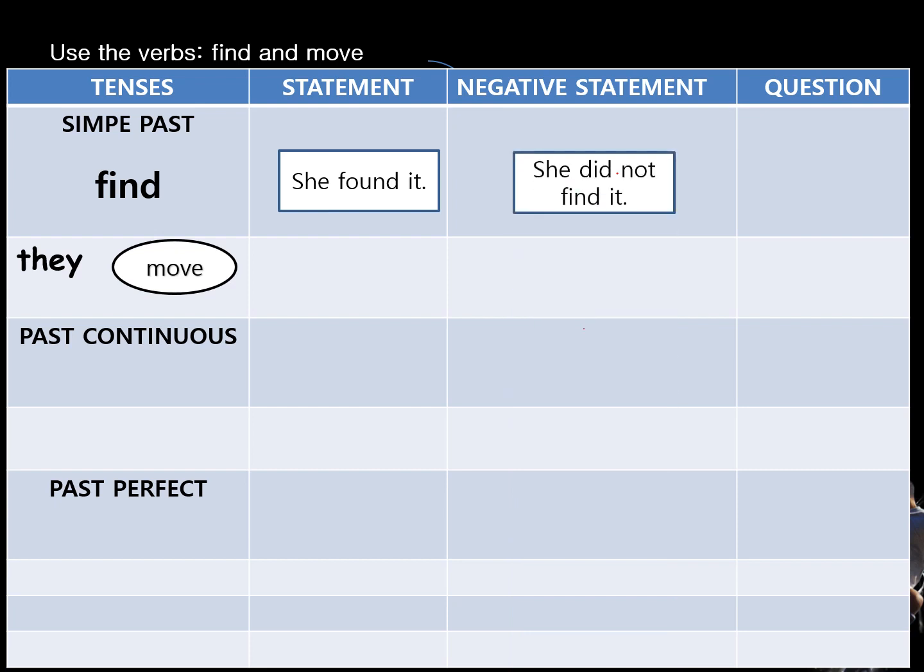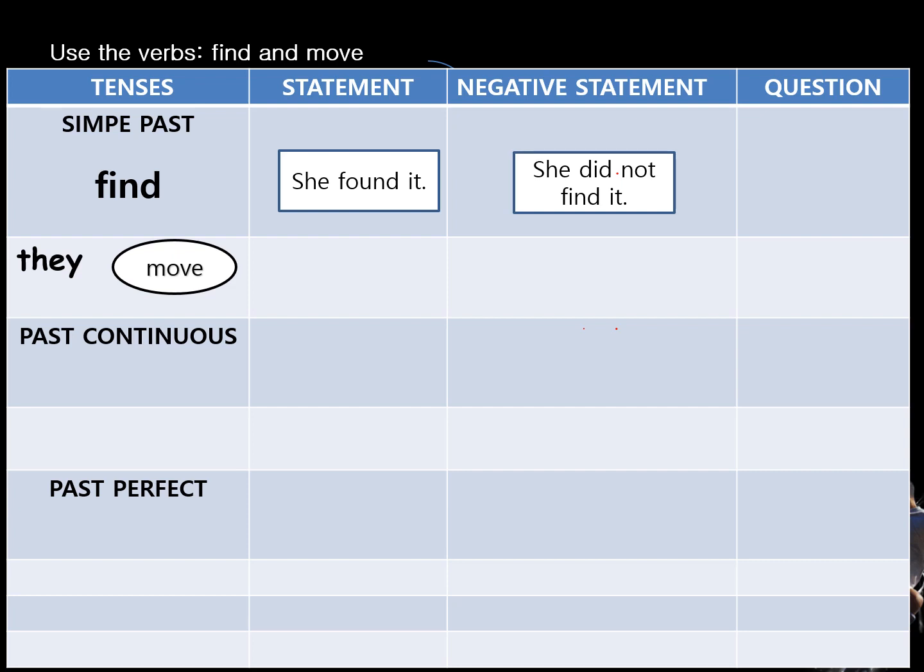Let's have it in the negative statement. From the statement we say, she did not find it. So you see, did becomes the carrier of the simple past. It carries the past form of the verb. If you notice, found in the statement form becomes find in the negative statement.